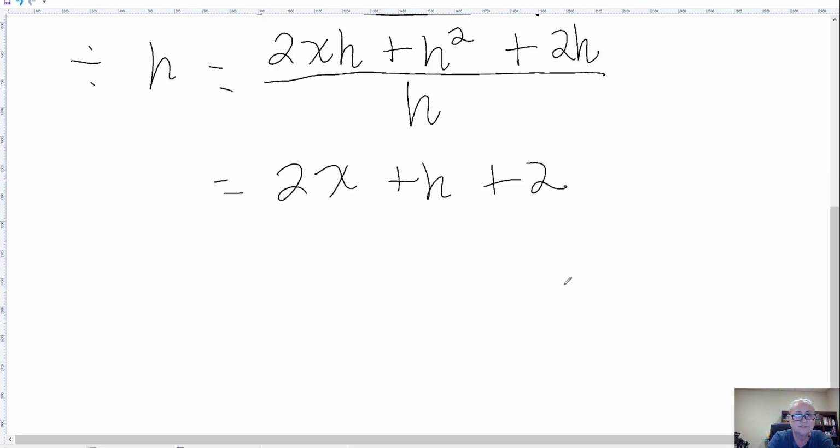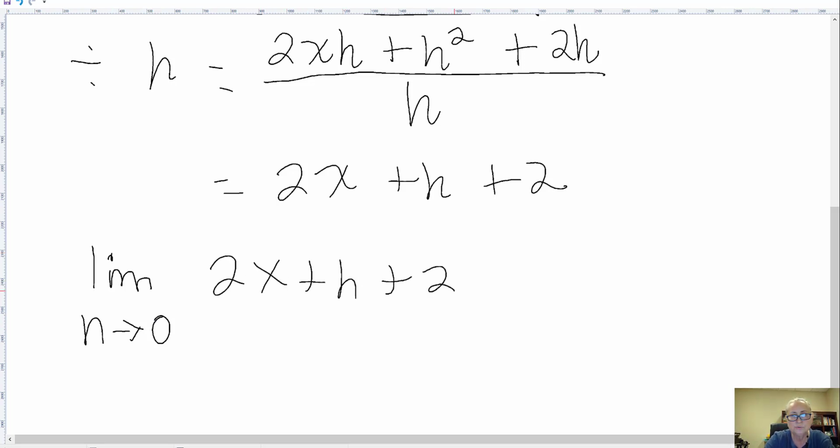And the last step is to take the limit as h goes to 0 of 2x plus h plus 2. And look, if h goes to 0, if substitution is possible and it doesn't cause something to be undefined or unable to simplify, you just plug in that 0, it's 2x plus 2.